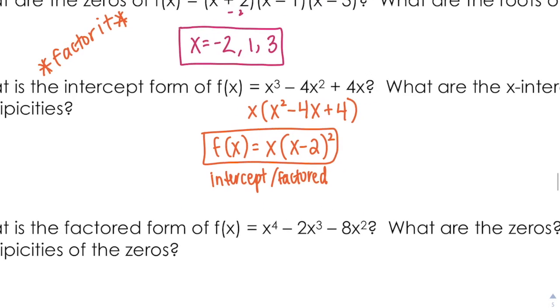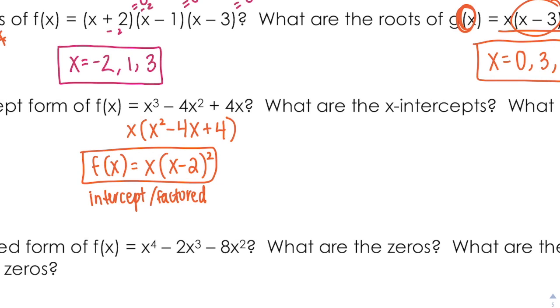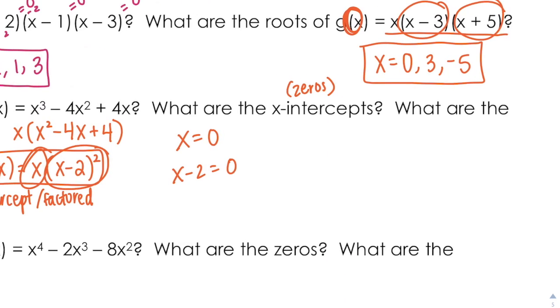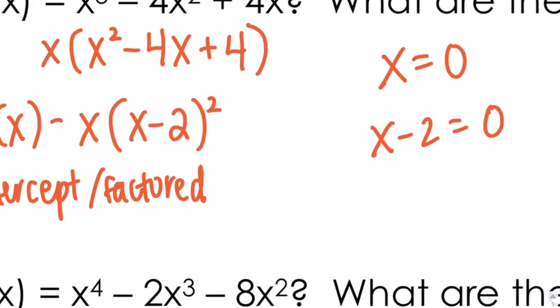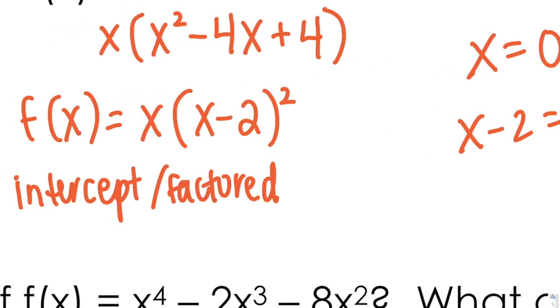So then the question is, well, what are the x-intercepts, which you could just rewrite as zeros. So remember, this part could equal 0, or that part could equal 0. So x could be 0 or x could be +2. And then it says, what are the multiplicities? And this goes back to the linear quadratic stuff that we've been talking about. So this factor was linear, so that multiplicity would be 1.